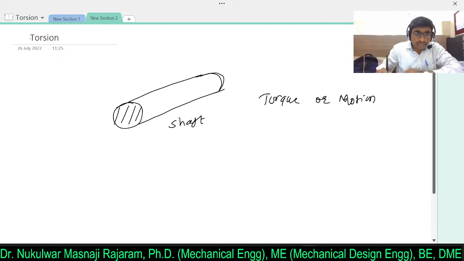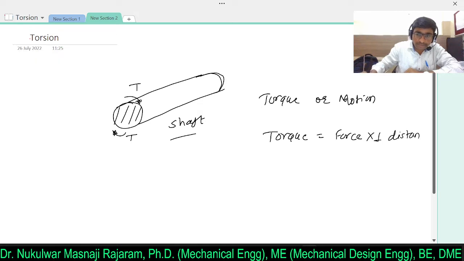Now when this particular shaft is acted on by a twist or torque, if I apply the torque, so what is torque? Torque can be defined as force into perpendicular distance.